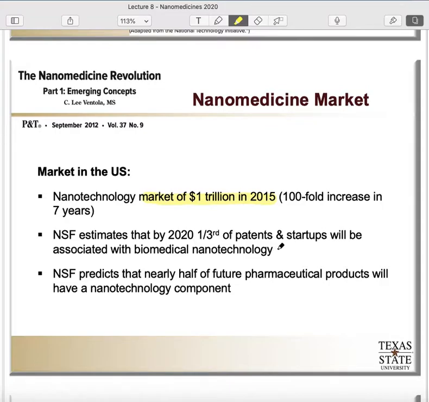So basically a lot of activity in this field. They also predicted that half or nearly half of all future pharmaceutical products would have a nanotechnology component, whether that was a nanocarrier that acted as a drug delivery system, or maybe a targeting agent that was utilizing some kind of nanoscale biological molecule or something like that.